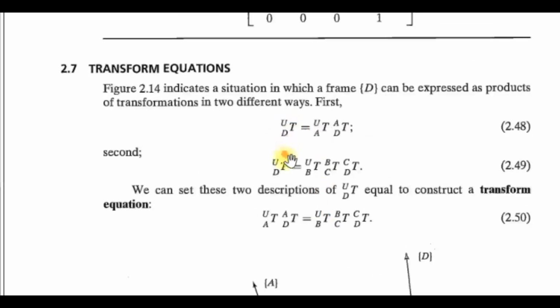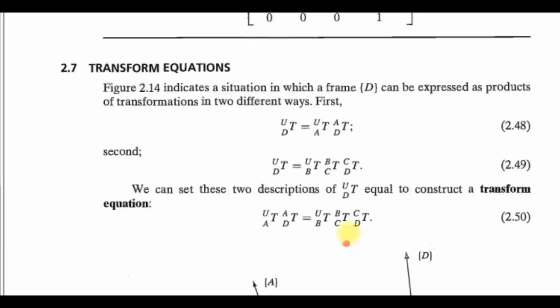So UTD and UTD both are equal. So obviously this term and this term must be equal, otherwise it is not possible. So this is the transform equation, and both results, UTA ATD equals UTB BTC CTD, equals UTD.